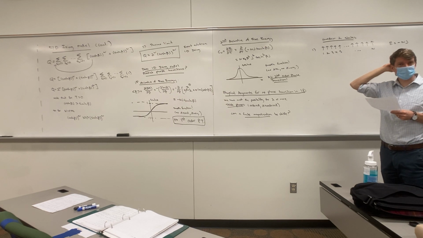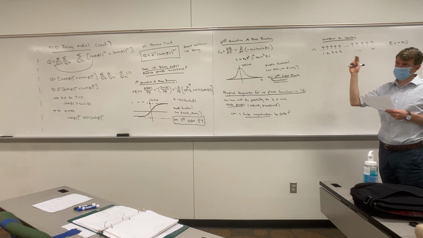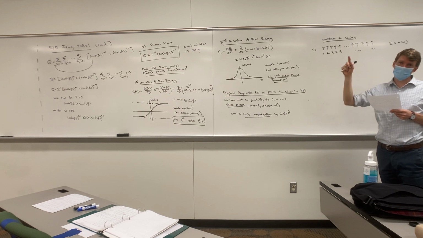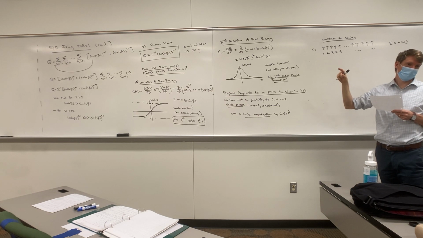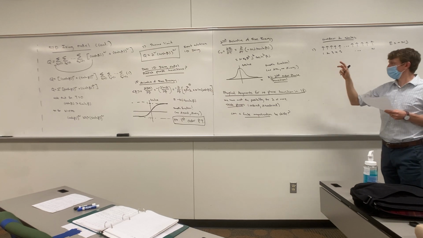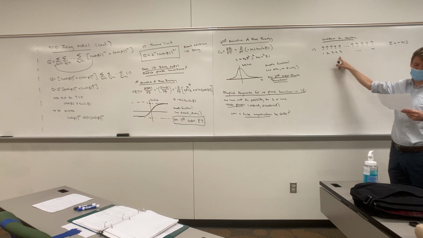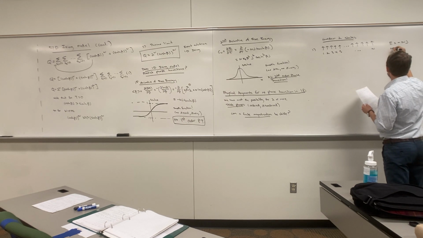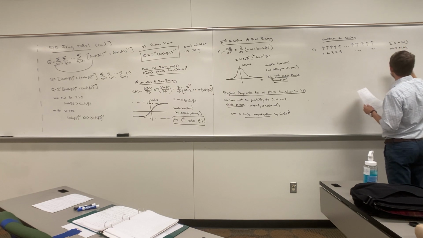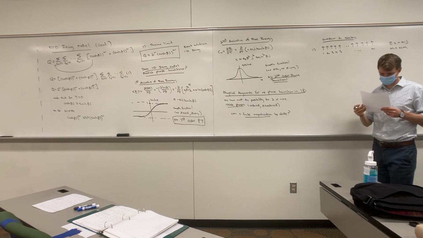We said the magnetization is defined by the sum over i of mu times S_i, where mu is the magnetic moment of the spin. All these spins are up, so the sum gives me N. So the magnetization M equals N times mu. Okay, great.